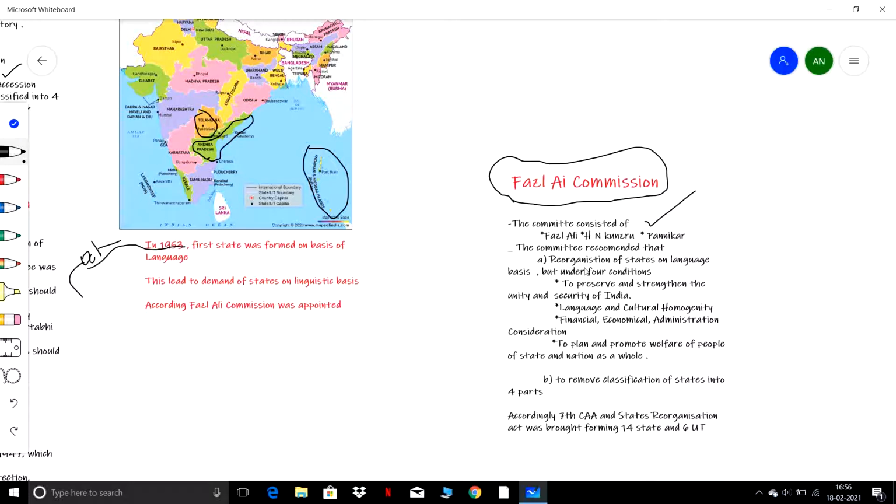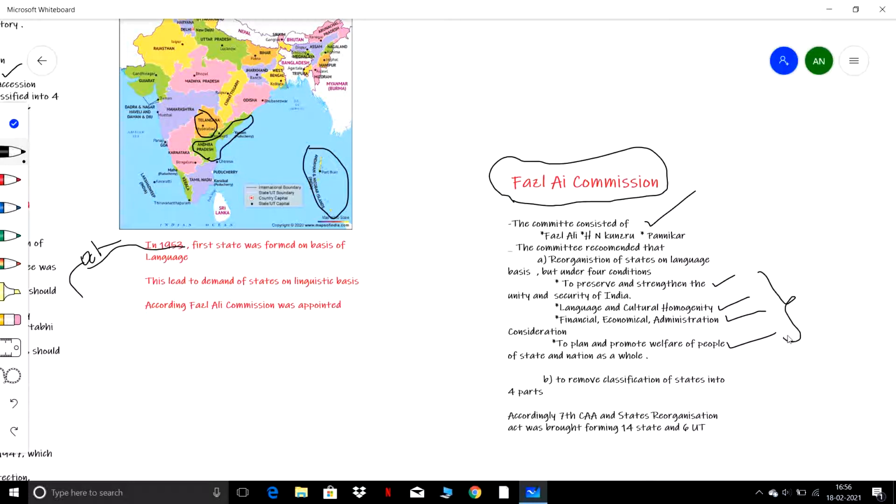What are the recommendations? The committee accepted language as a factor for the reorganization of states, but four conditions should be maintained: to preserve and strengthen the unity and integrity of India, security of India, language and cultural homogeneity, financial, economic, and administrative considerations, and to promote and plan the welfare of the people and of the state as well as the nation as a whole.